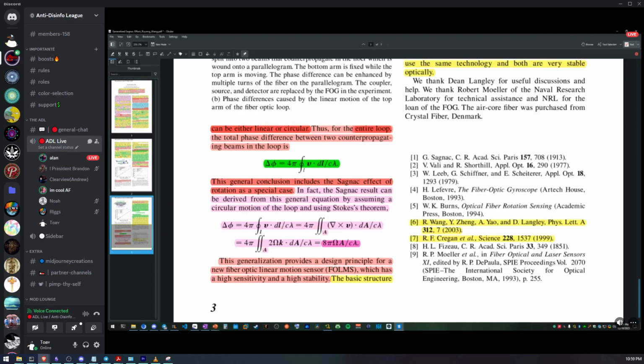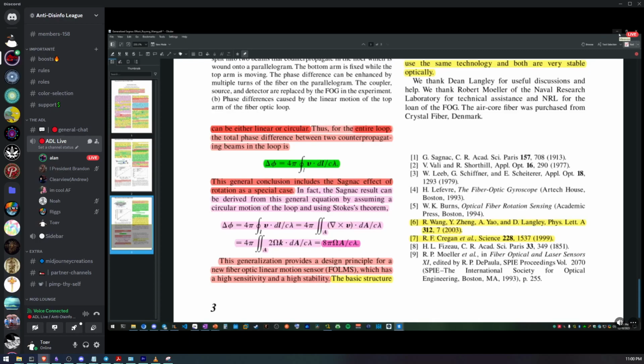From what year? 2004. Interesting. Yeah, so the military hooked him up with a fiber optic cable that he used, allegedly, in several different configurations to show that you can detect linear motion with it. And they explicitly say that you're not able to detect linear motion with interferometry because of the Michelson-Morley debacle.